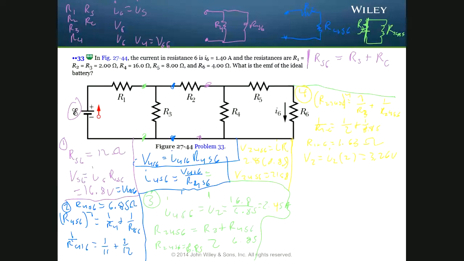I don't think we needed V2. I think that was just extraneous. We know V2456 is equal to V3, right? Because they're in parallel.